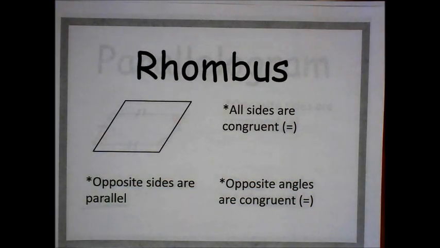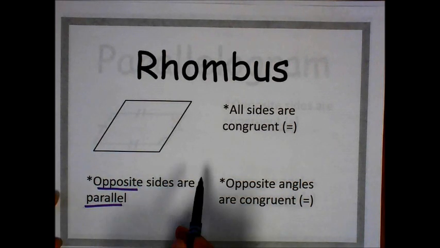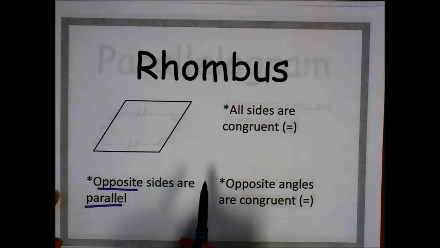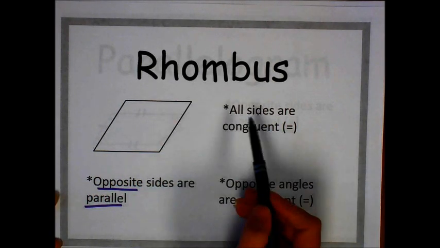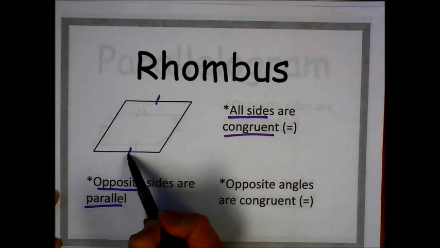Next, we have a rhombus. A rhombus, just like all of the other quadrilaterals we've talked about so far, has opposite sides that are parallel, and a rhombus also has opposite sides that are equivalent, but it just so happens in a rhombus, like a square, all sides are congruent.